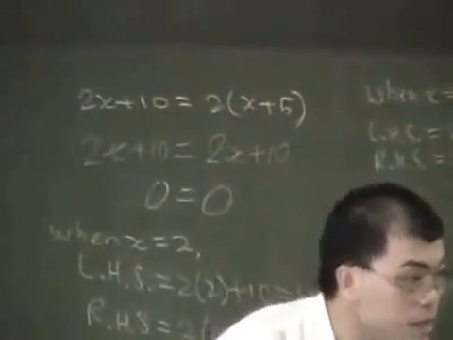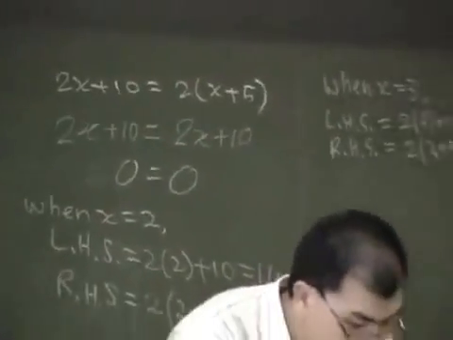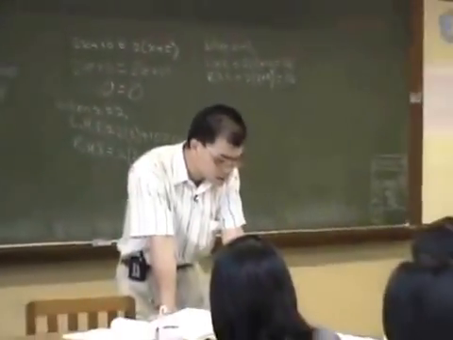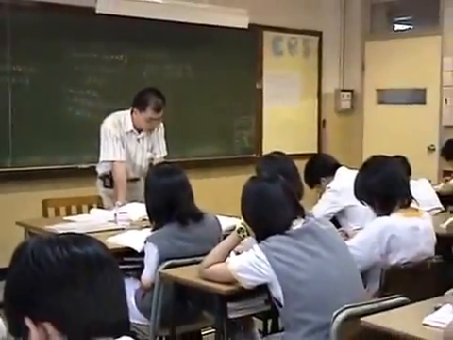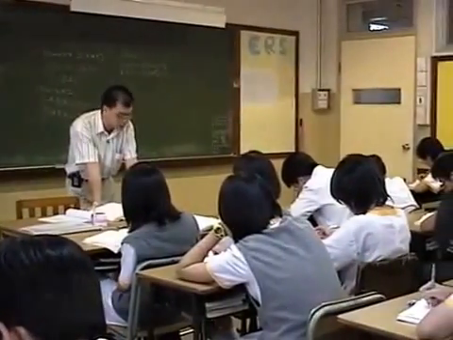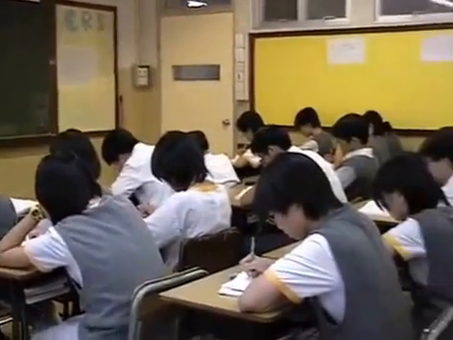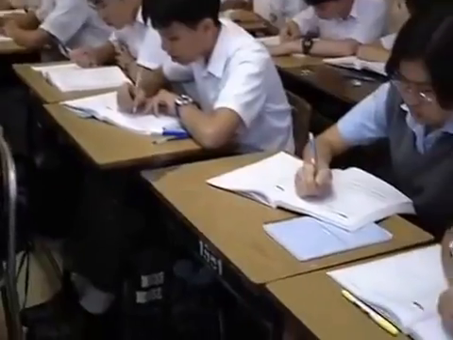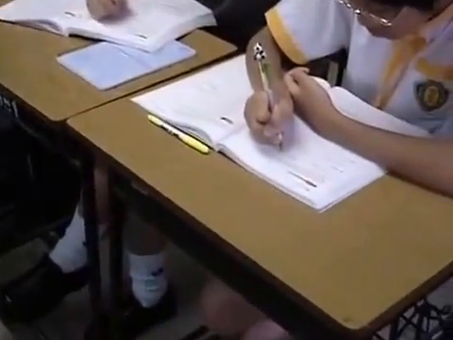Test for the other 3 values of x, part 1, part 2, and part 3: x equals 0, x equals -1, and also x equals -1 over 2. 0, a negative integer, and a negative fraction. Test for left hand side and right hand side. Okay, are they equal? Do it now. Just mark it in your book, and answer the question whether they are equal or not for the left hand side and also the right hand side.